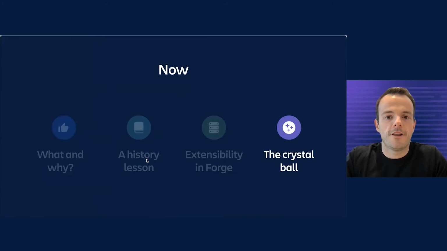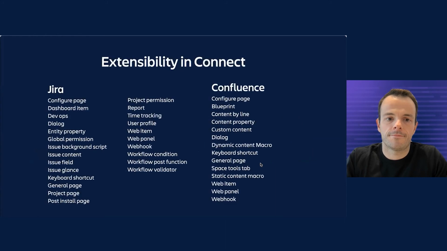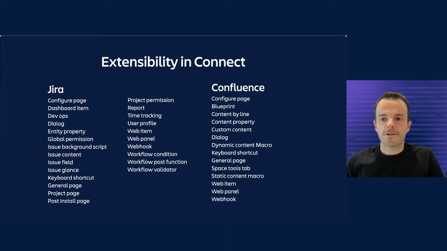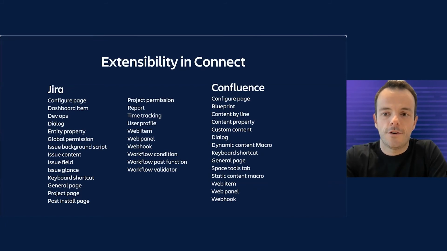So moving right along, now that we know how extensibility works in the Forge world, let's talk a little bit about what we're up to today and where we're headed in the future. Firstly, our main focus at the moment is really building out our extension points and functionality to catch up with Connect.